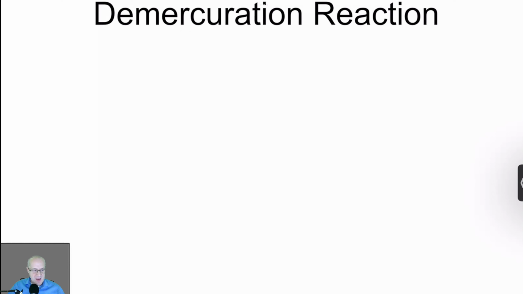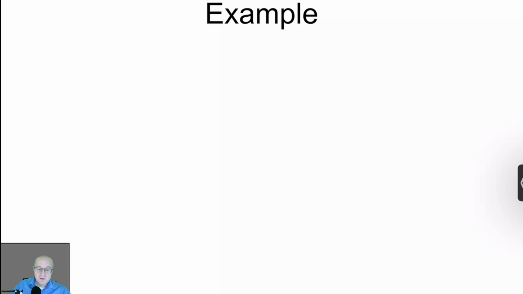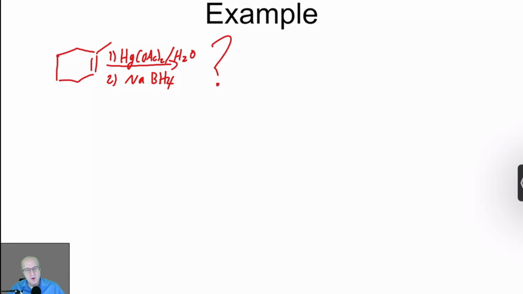So let's see another example of the oxymercuration demercuration, just to make sure we're all on the same page here. 1-methylcyclohexene. All right, so what's the product of this reaction using the following reagents? So remember, the mercury acetate is in equilibrium with the mercury cation.